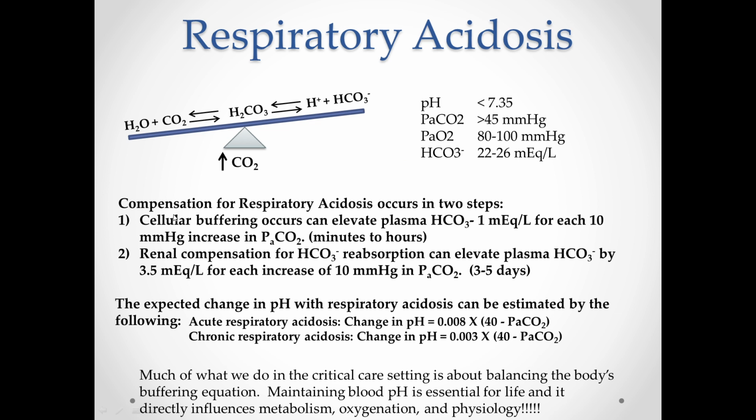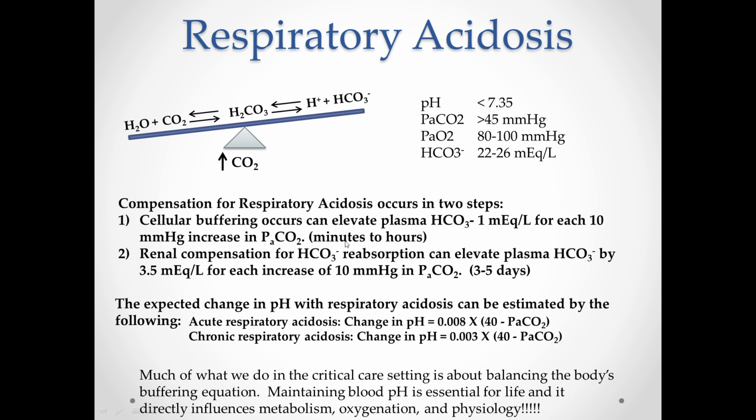Now, cellular compensation, or your body's compensation for respiratory acidosis, occurs in two steps. In the first step, cellular buffering occurs. This is buffering in the absence of renal compensation that was described in the previous slide. Cellular buffering can elevate plasma bicarb by 1 milliequivalent per liter for each 10 millimeters of mercury increase in PaCO2.